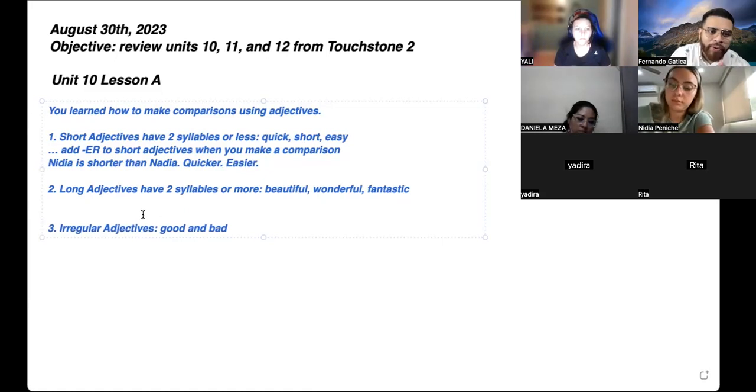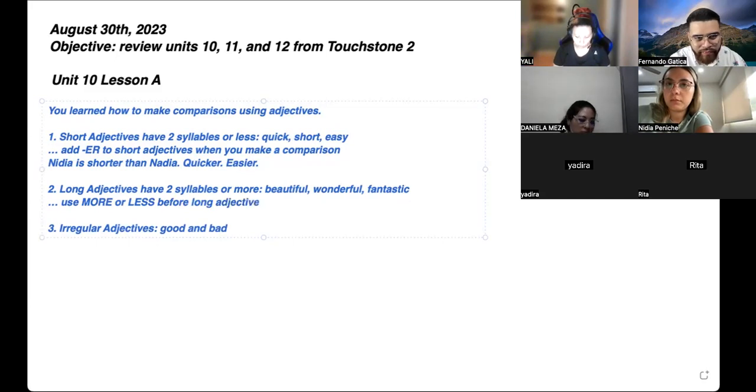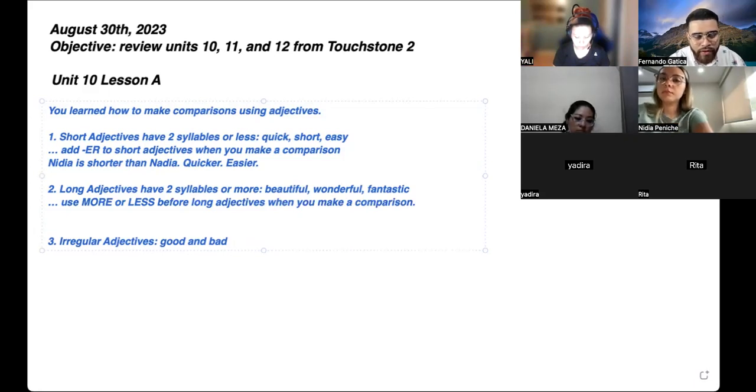All right. Now with the long adjectives, you just use more or less before long adjectives when you make a comparison. So how can I say Canadá es más fantástico que, let's see, what country?